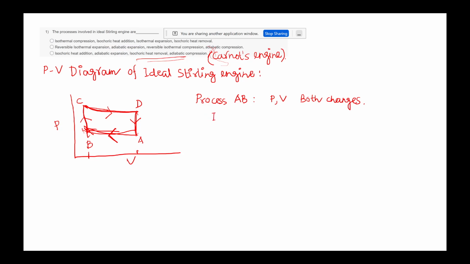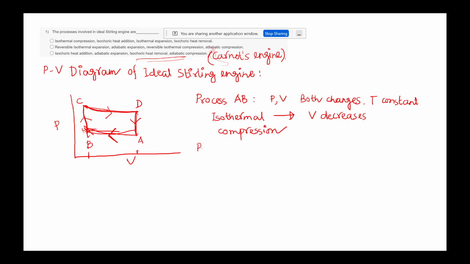Also this is isothermal, T constant, and V actually decreases. So this is isothermal compression.